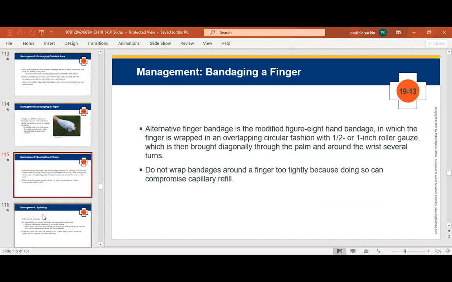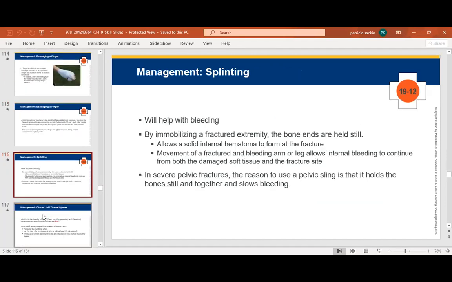Always reassess. Especially if swelling's involved, you might not have it too tight to start with, and then they start to swell, and now the bandage is too tight, and you need to relieve some of that pressure. So always check sensation, feeling distal to the injury, and keep reassessing.